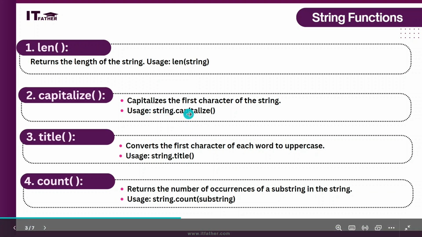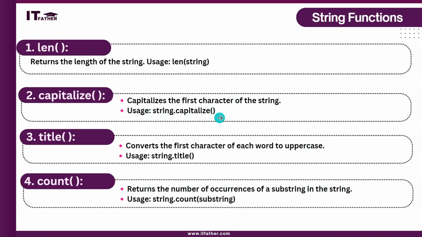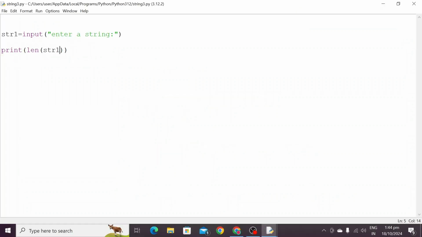We don't need to pass it there. Some functions are there where we have to associate and also pass a string as an argument. Keep this in mind, because these are very important terms which you have to understand if you want to understand the use of functions properly.